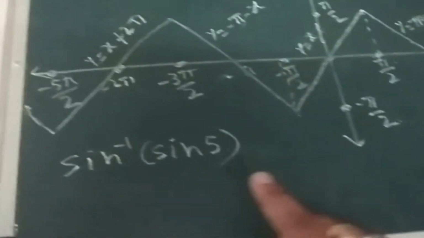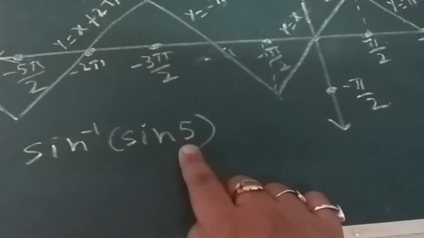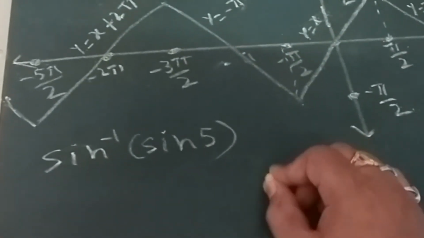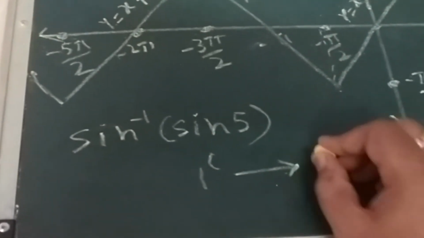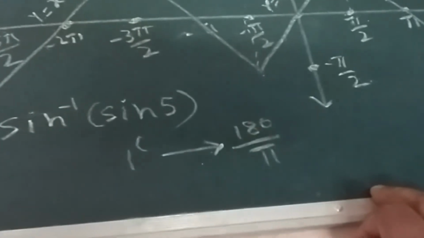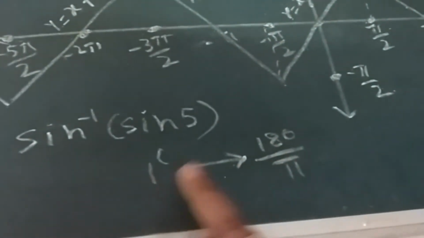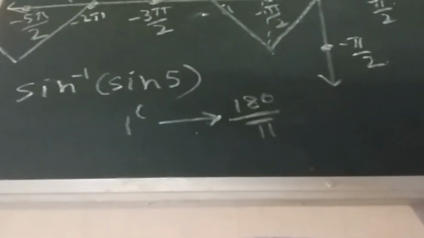First thing is that, as I have told, this is in radian, I have to change this one in degree. Now all of you know 1 radian equal to 180 upon pi degree. Okay, because pi radian is 180 degrees, so 1 radian is 180 upon pi degree. But here pi means 22 upon 7.